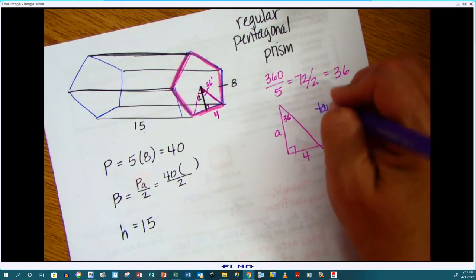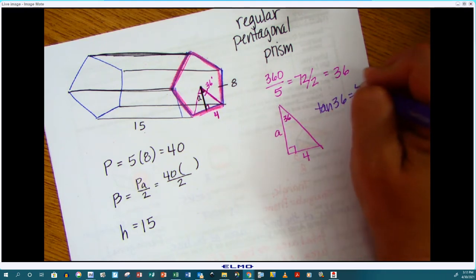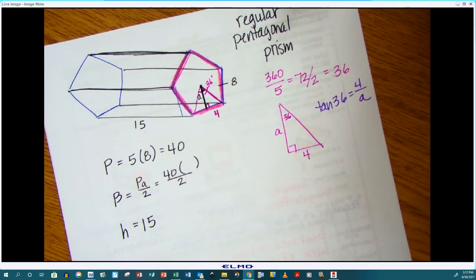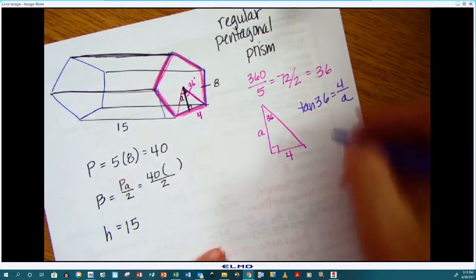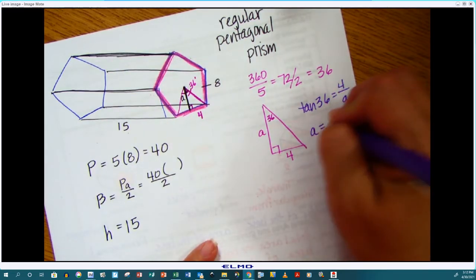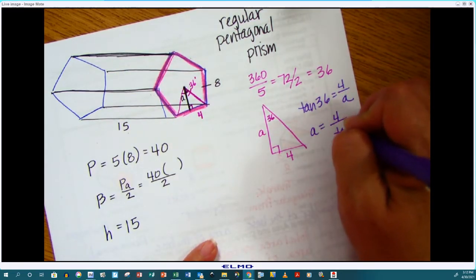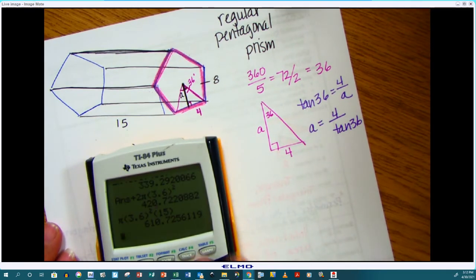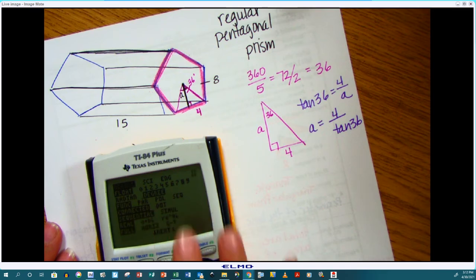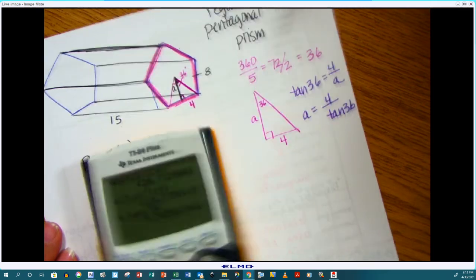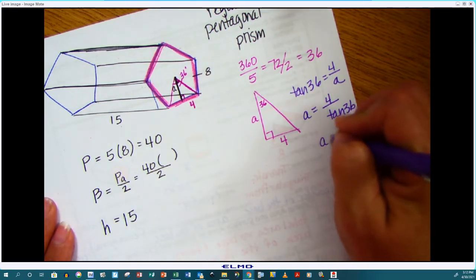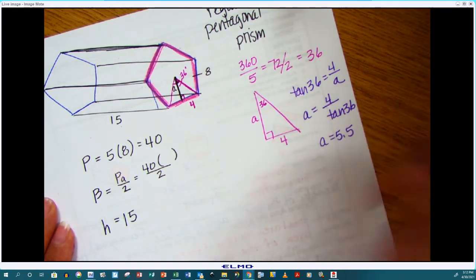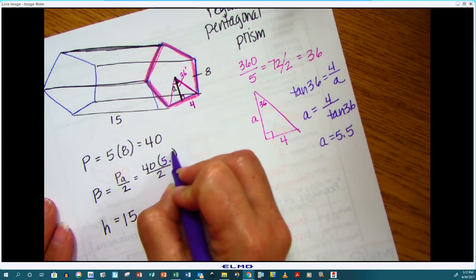The tangent of 36 is opposite over adjacent. So that means my apothem is 4 divided by the tangent of 36. Make sure I'm in the right mode. 4 divided by tangent 36, so 5.5. My apothem is 5.5, which is what I need right here.